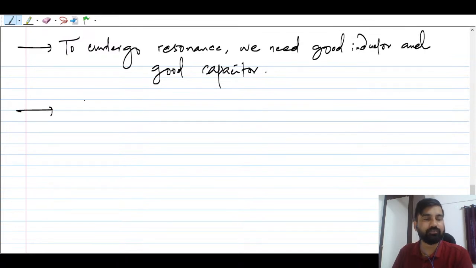So there is one factor, we call it quality factor. I think everybody might have heard about quality factor, right? Sometimes we call it figure of merit as well.